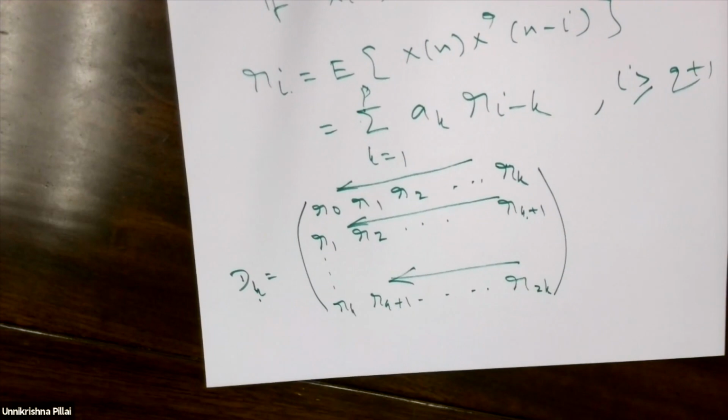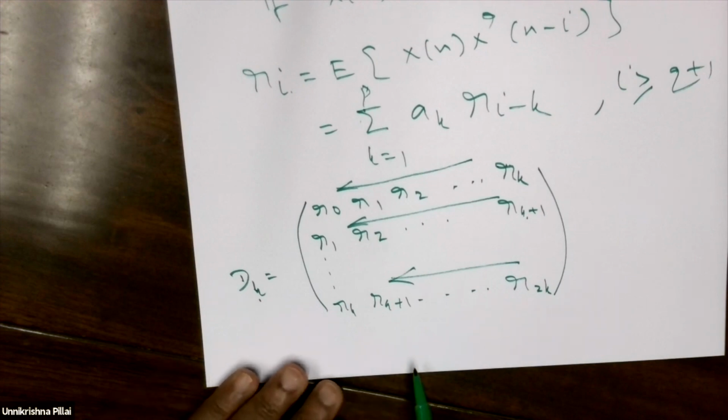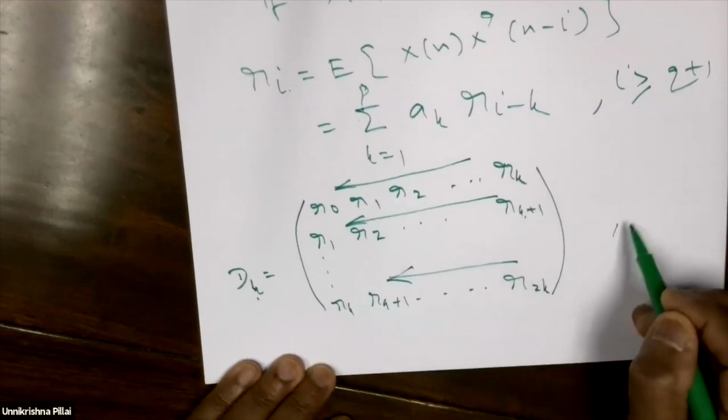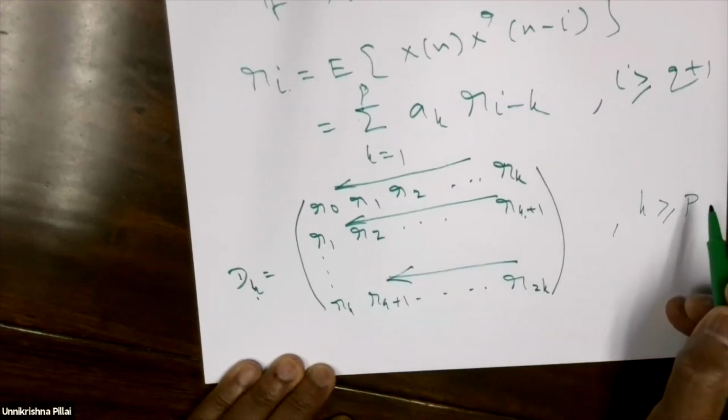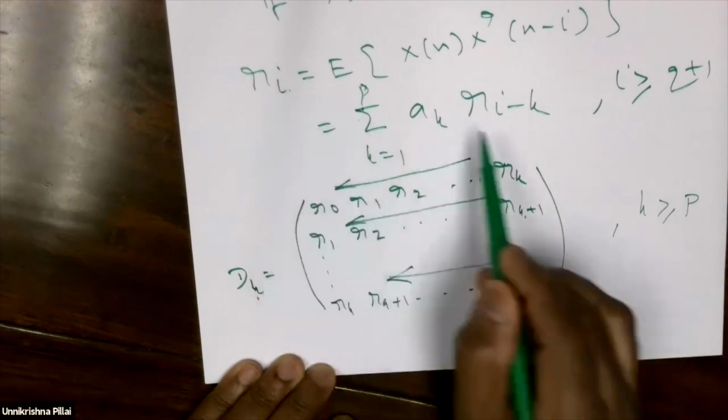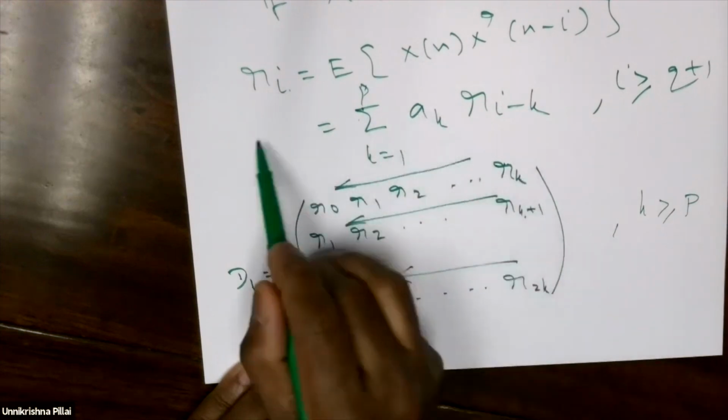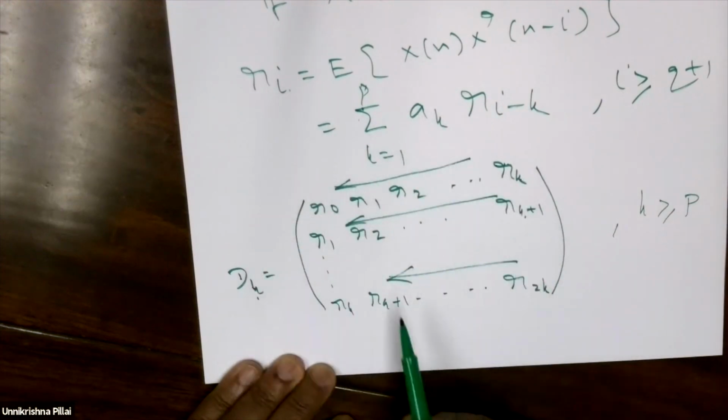So we could say that if this k is beyond p, then this relation R_(p+1) will depend on the previous values. So these are all dependent.